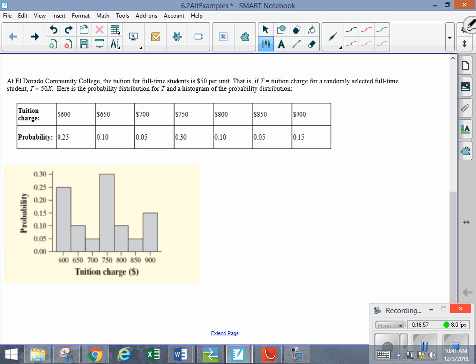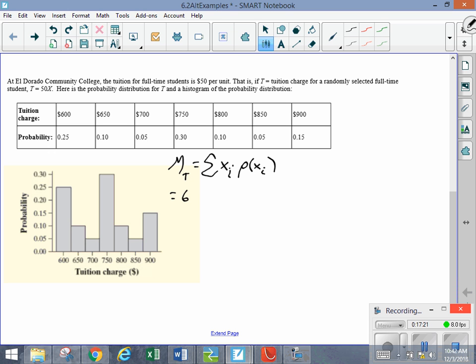All right, so let's calculate mu sub t. Again, to do this properly, you should always take xi times probability of xi. You should always put the formula in, and then substitute some values in.